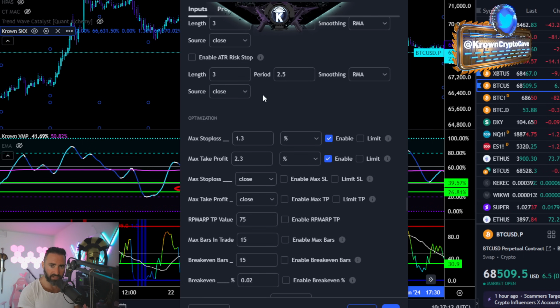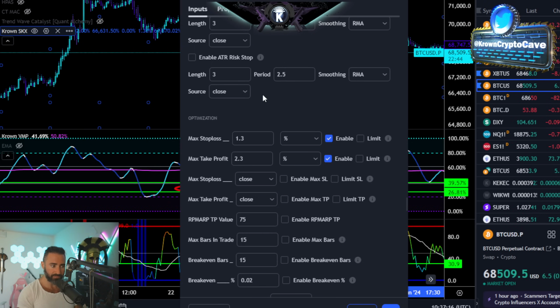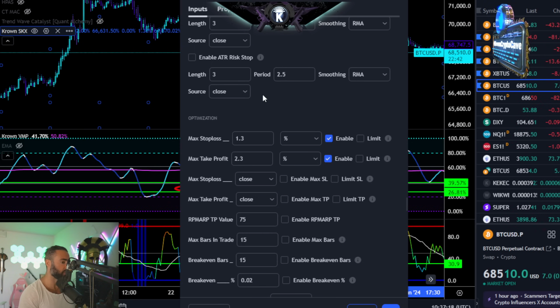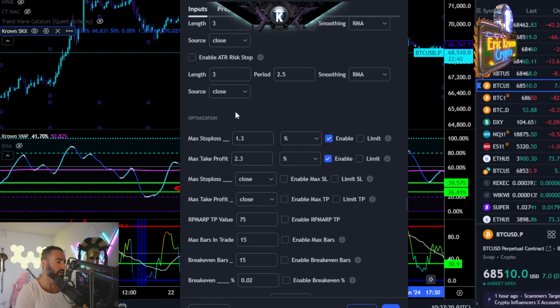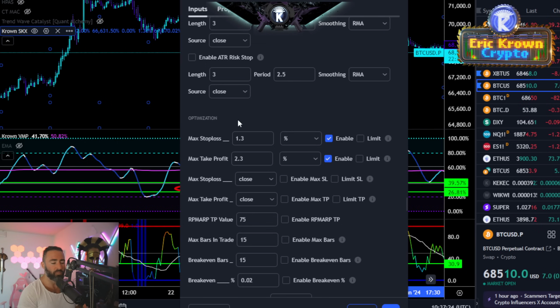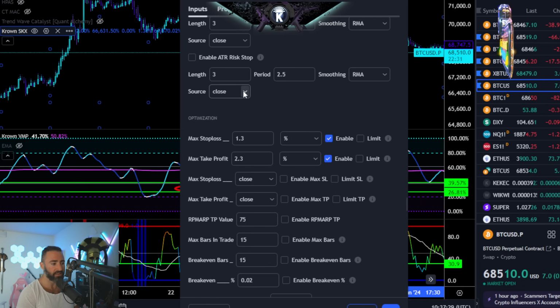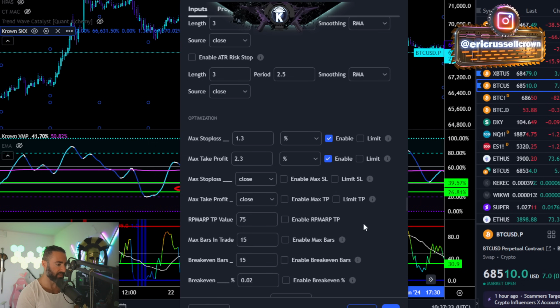So that means that if price trades against us, in this case to the downside, 1.3%, we're out. We take the loss on the closure of that period. And for the max take profit, we will take profit automatically on any sort of a move 2.3% better than the entry. So obviously above the entry in that case.